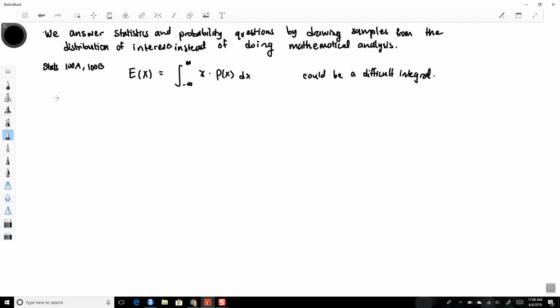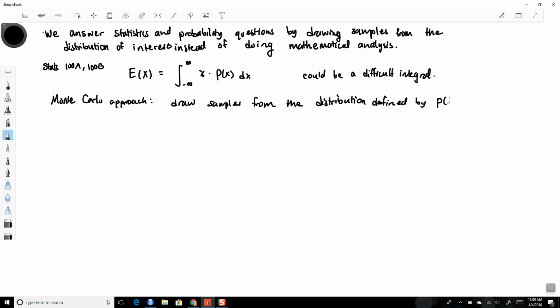Okay, so the Monte Carlo approach will be to draw samples from the distribution defined by p of x, and then just calculate the mean of your sample.